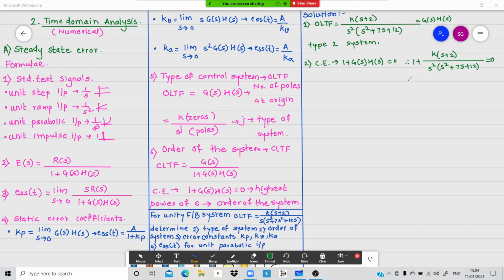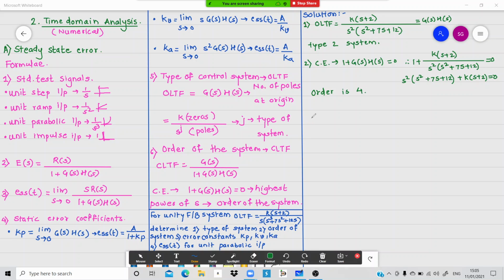So when we cross multiply, we are going to have s square plus 7s plus 12 plus K(s plus 2). So definitely very easily understood that the highest power is going to be 4. So we'll be able to write order is 4.